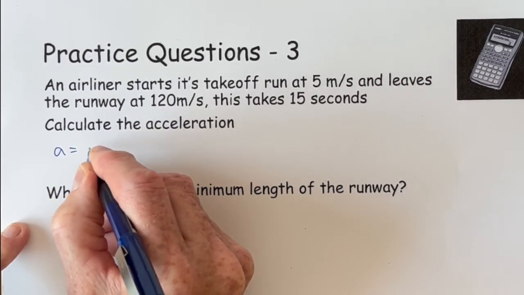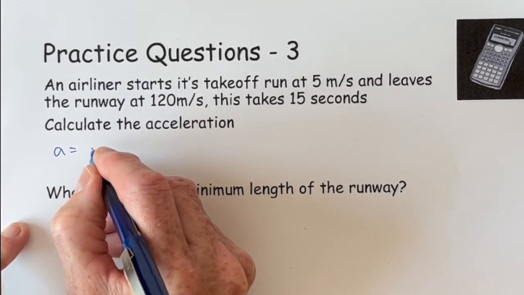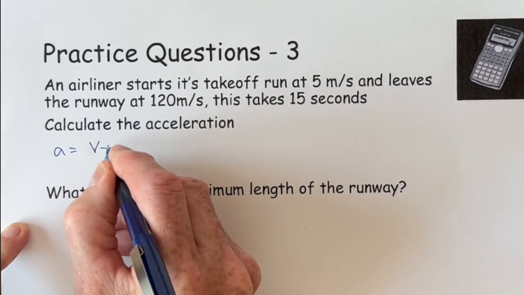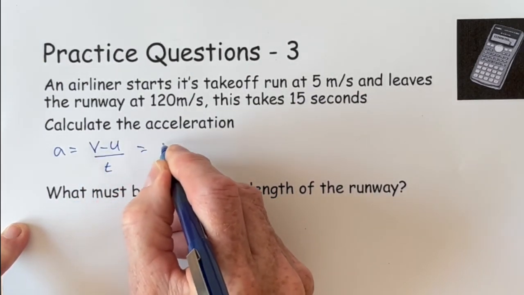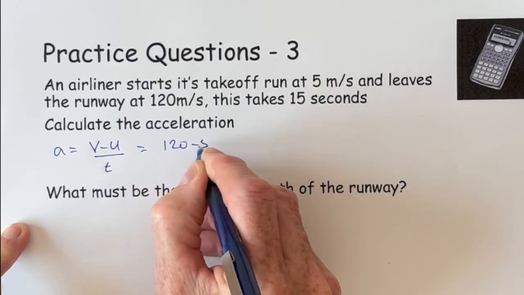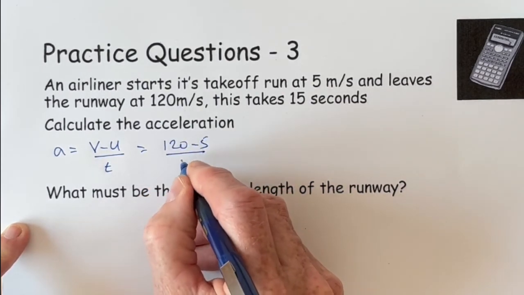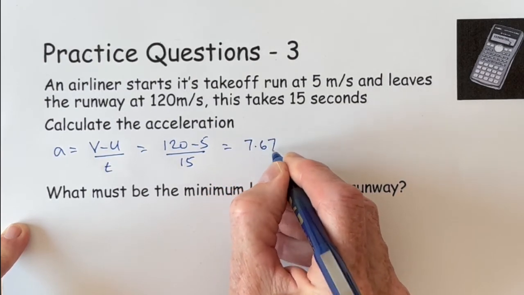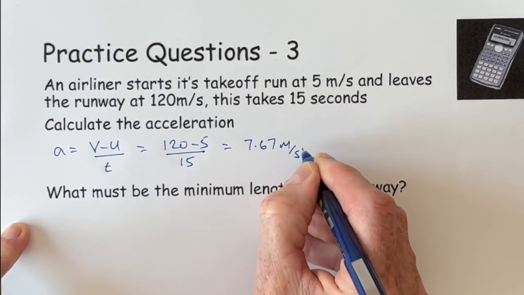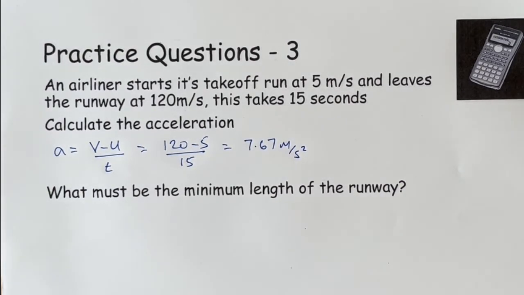And the change in velocity is the final velocity minus the start velocity, v minus u, over t. In this case, 120 minus 5 divided by 15, and that comes to 7.67 meters per second squared. So that's fairly straightforward, just putting the numbers into the basic acceleration equation.